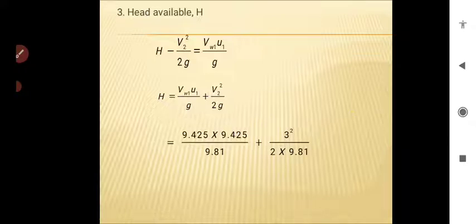Head available is H minus V2 square by 2g, that is equal to VW1 U1 by g. Finally, from this equation, capital H is equal to VW1 U1 by g plus V2 square by 2g. Substitute all the values and you will get H, so capital H is equal to 9.51.